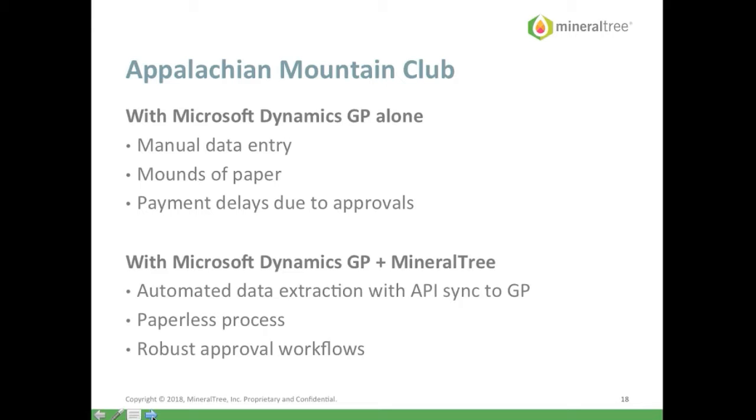So looking at how they overcame these challenges and thought about how AP automation would fit together with GP, something similar to Hollywood Wax, they really took advantage of the automated data capture from the invoices. And the API sync to GP made sure everything was copied right back into their ERP.